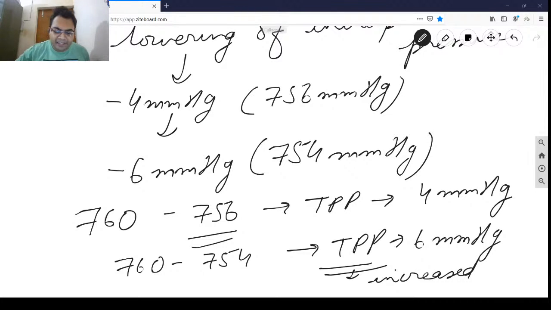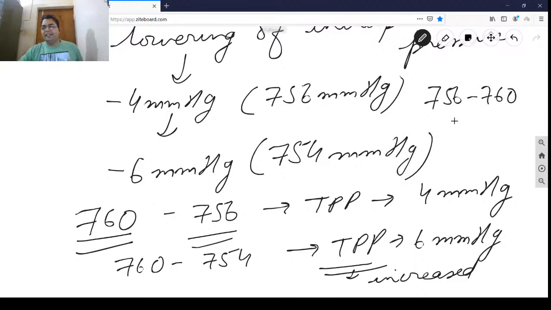But when I subtract from the alveolar pressure here, it is plus 4. If I do 756 minus 760, it becomes minus 4, doesn't matter.